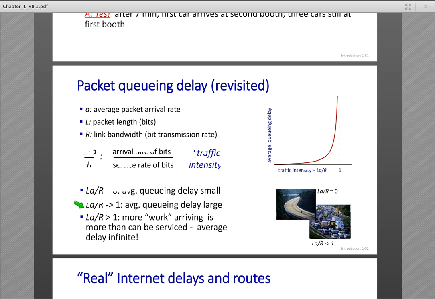It means that the length of the queue rises and we need to spend more time in the queue. The queuing delay would be increased too. So this is an important property in computer networks.